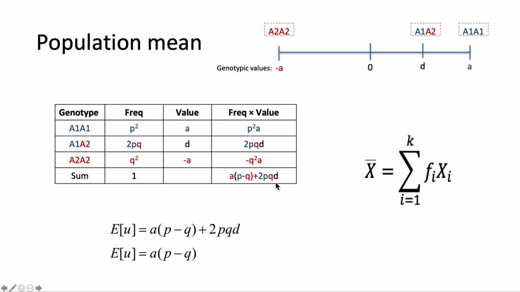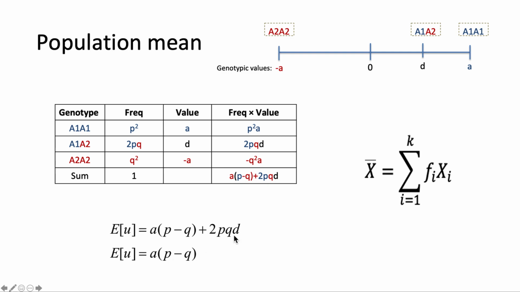If the dominance deviation is 0, meaning the heterozygous lines are right in the middle between the homozygous lines, this part of the formula is 0, so the expected population mean is equal to the additive effect times the difference between p and q, the allele frequencies.